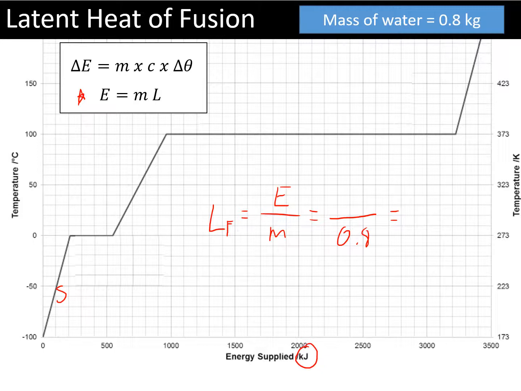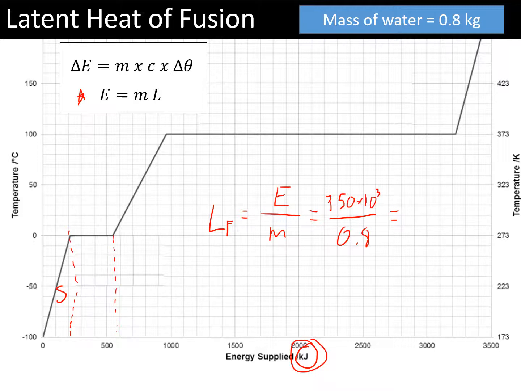So the energy goes from here, which is a bit of a curve there, is 200 to 550, but we need to remember it's in kilojoules. So 200 to 550 is 350 kilojoules.